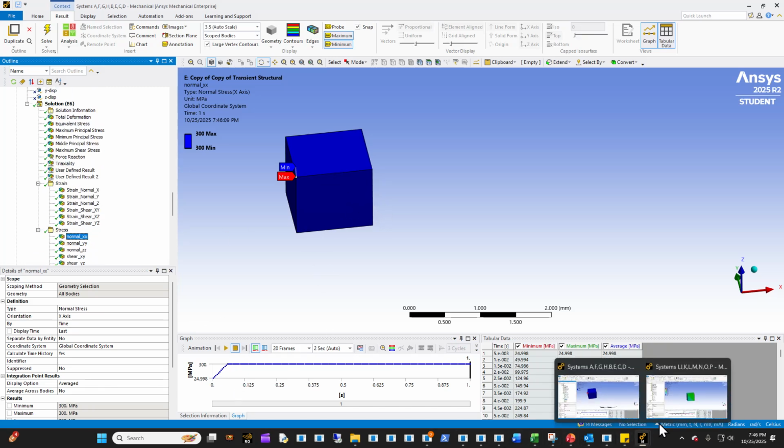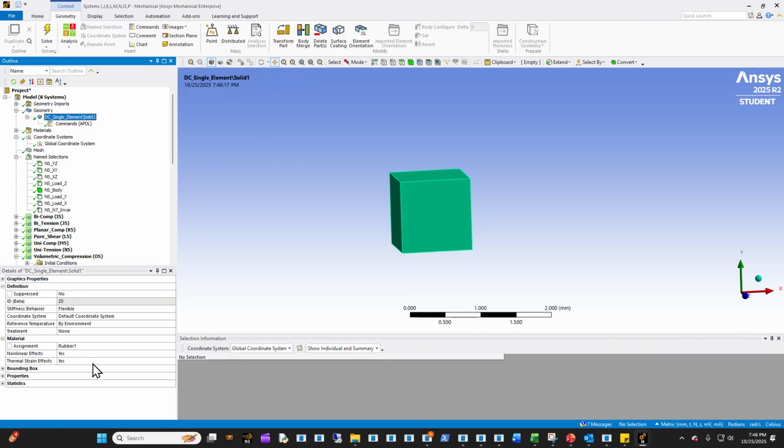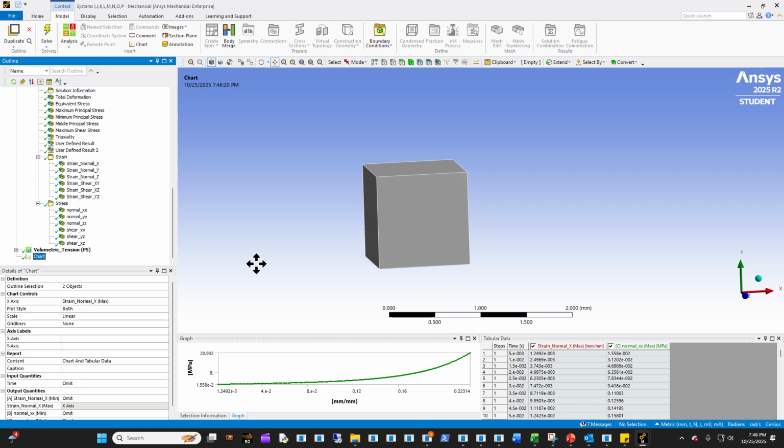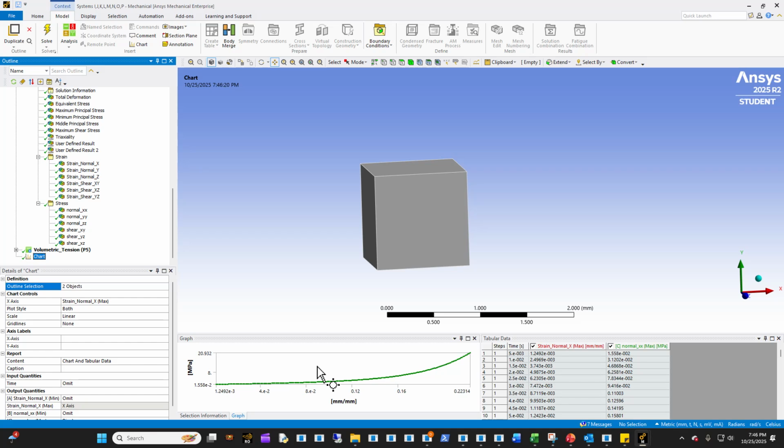You can also check, in this case, a rubbery material, right? This rubber material will have a stress that looks like this. I don't remember which one these came from, but basically it's a stress-strain curve. You can see it just gets stiffer and stiffer and stiffer, following a hyperelastic curve.